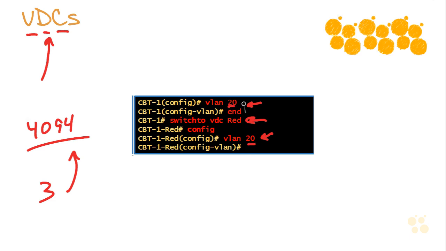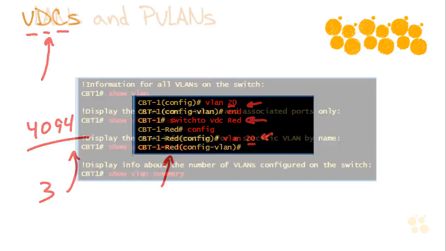And of course, these VLAN 20s are completely distinct from each other. So let's really pay attention, as our prompt will indicate, exactly what virtual device context we are in and what specific VLAN we are working with.